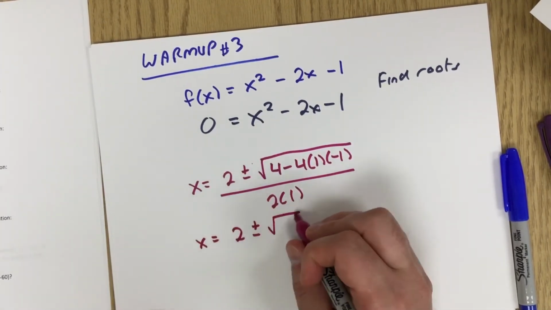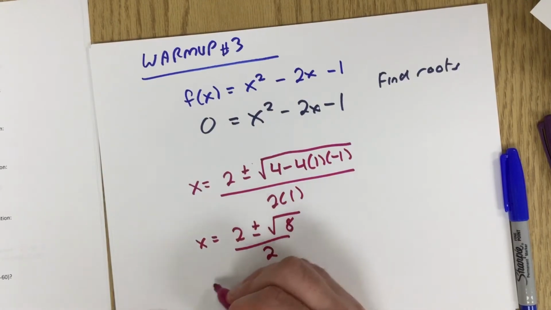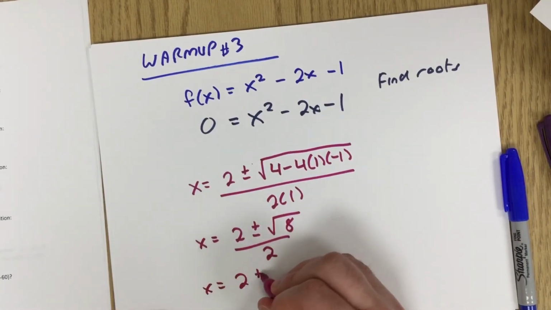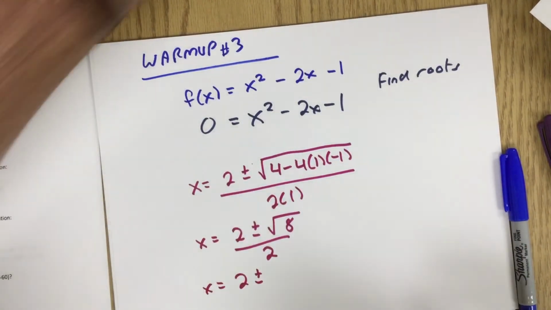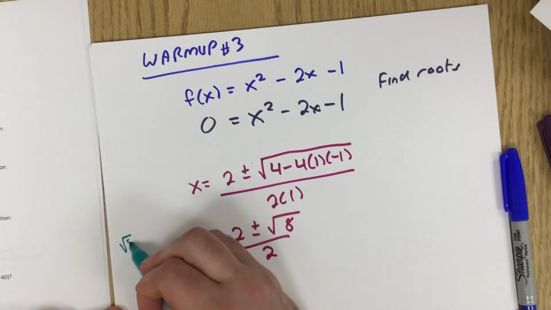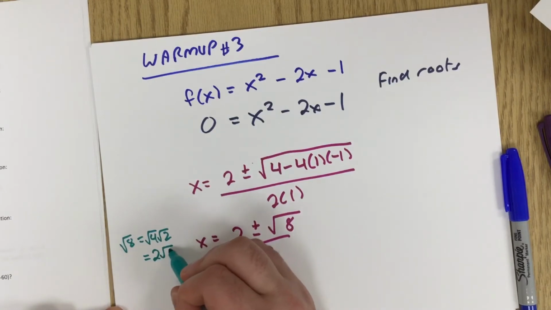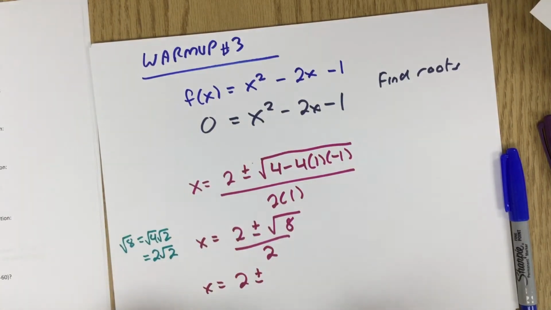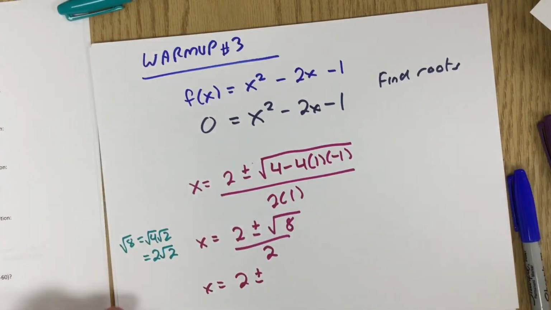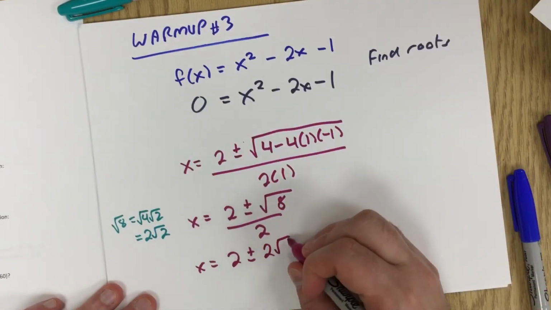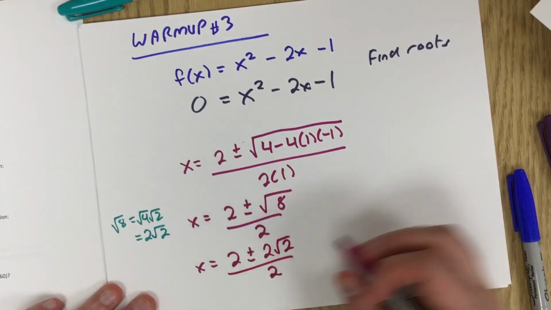which is 2 root 8 over 2, which is, root 8 is equal to root 4 times root 2, which is 2 root 2. So root 8 is going to be 2 plus or minus 2 root 2 over 2.